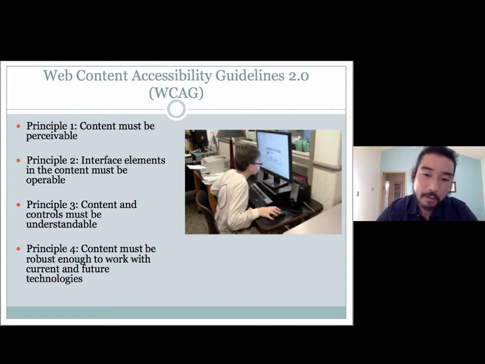All right, principle number four, content must be robust enough to work with current and future technologies. This really talks about maximizing the compatibility with different operating systems and different web browsers. You should also think about tools in the past, such as Flash. Flash is not accessible, and you should not be designing in Flash because it is not going to be available using current technology such as iPads.